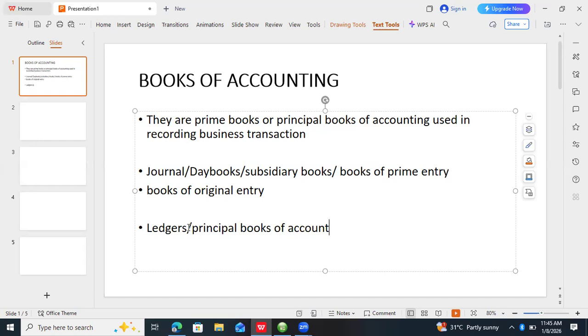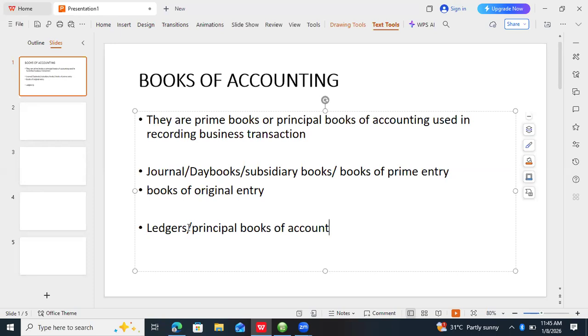You would appreciate some of the things I'm saying when we dig deeper. But the point I'm trying to make is that in accounting we use two main books in recording or keeping business transactions. The first one is the day books or the journals or the subsidiary books, and the second one is the ledgers.